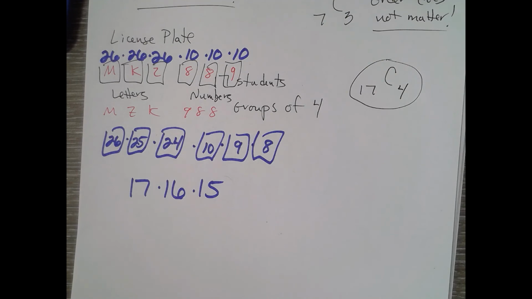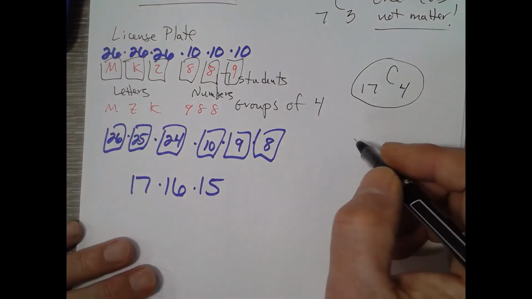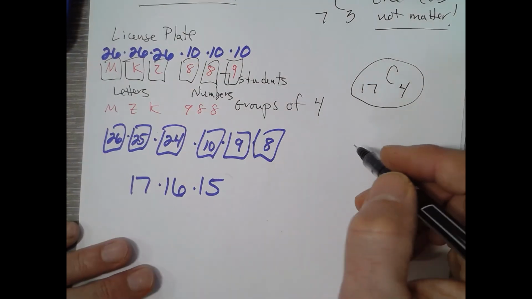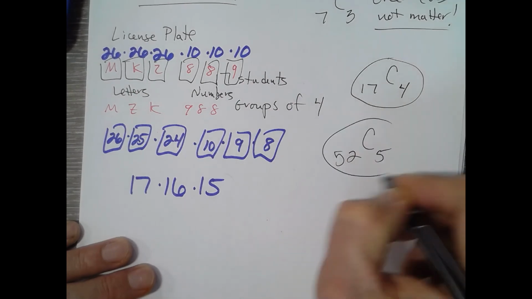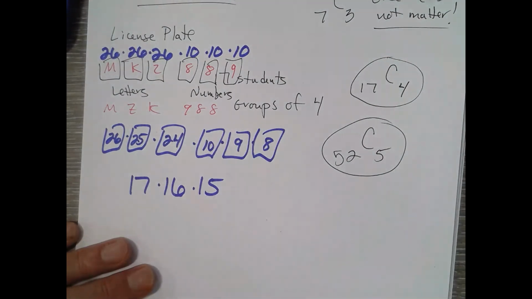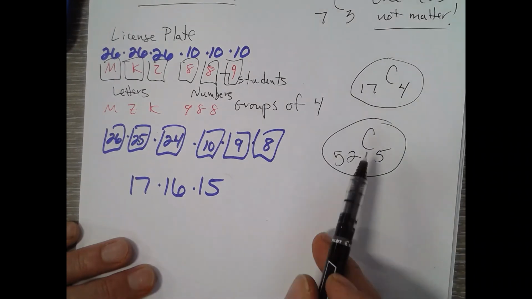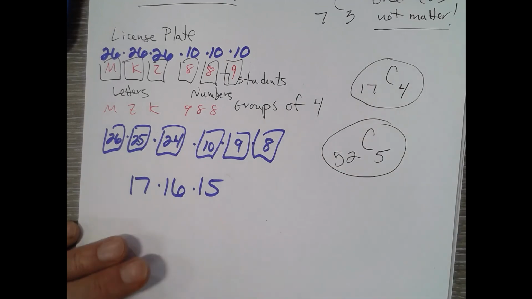So if I want to know how many different card hands of 5, it would be 52 choose 5. That's how many different hands you could get. Order does not matter there, so it's just a combination. 8,960. That's quite a few.